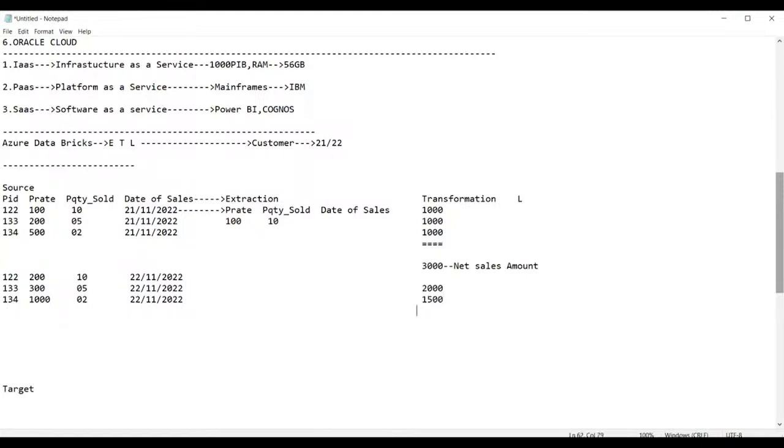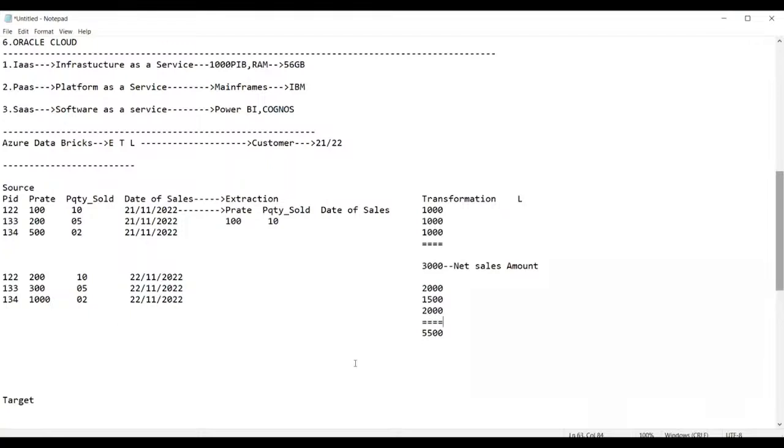Now calculate the sum: 5500. Now, guys, this is the net sales amount.